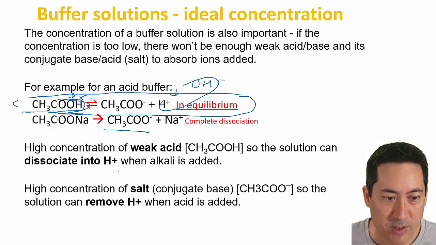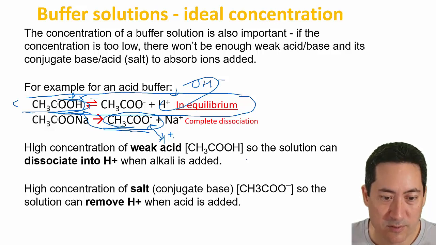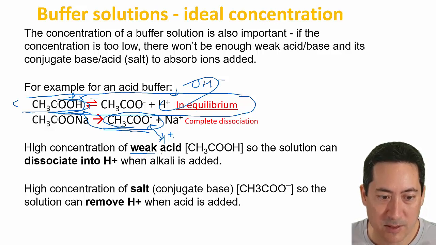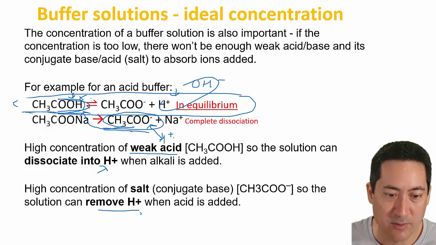Similarly, if you don't have enough of the salt, when you add H pluses they will soon not have enough salt to react with. So the concentrations of the salt and the acid that you add are important. You need lots of acid so that you can maintain the pH by creating more H pluses. You need lots of salt so that it has the ability to remove a lot of the H pluses.